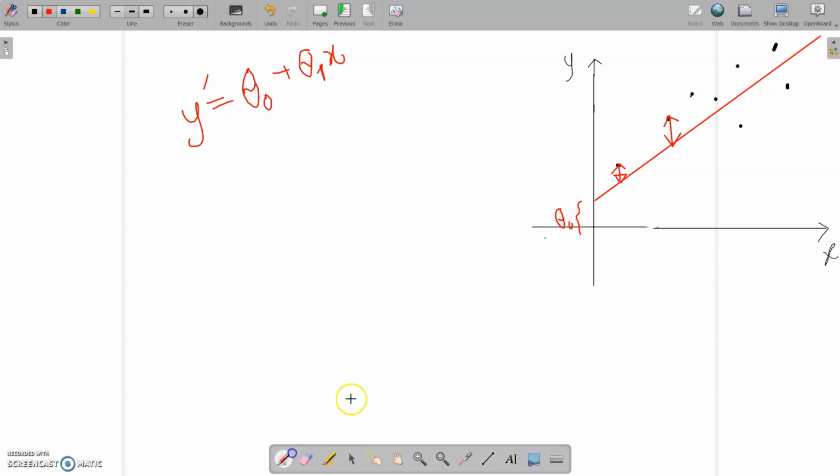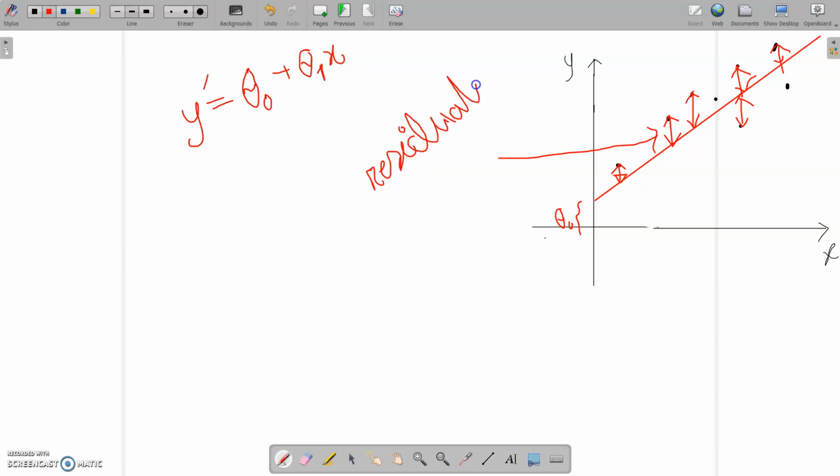From each of the points, however many points you have, let's draw a line. This length, this portion, is what we call residuals.